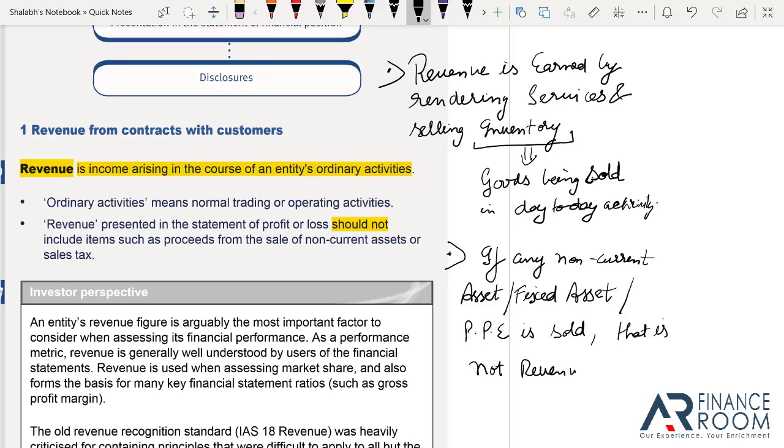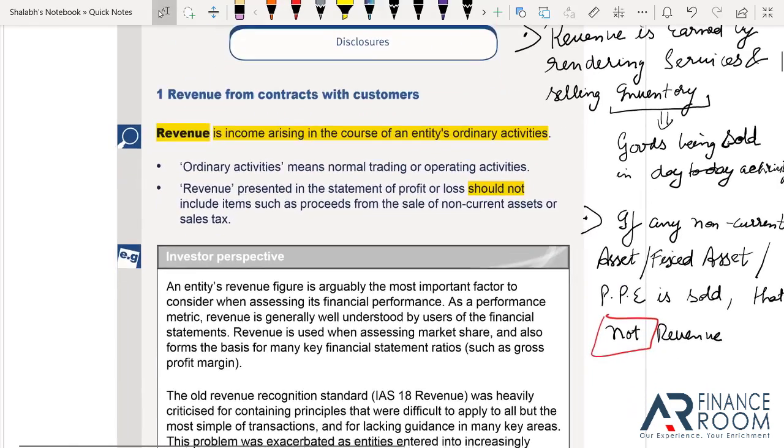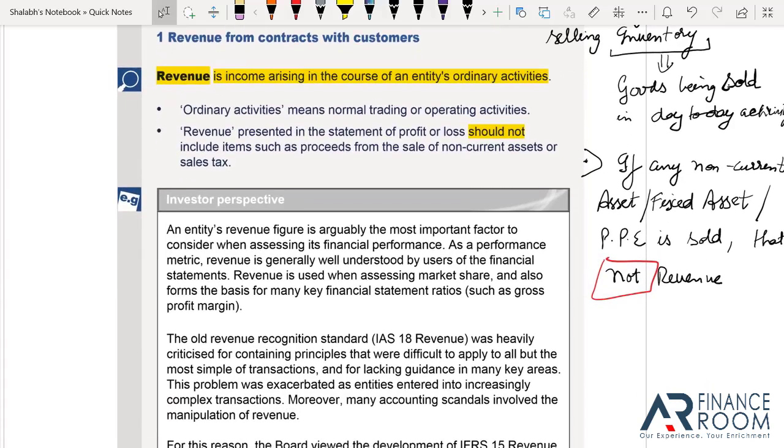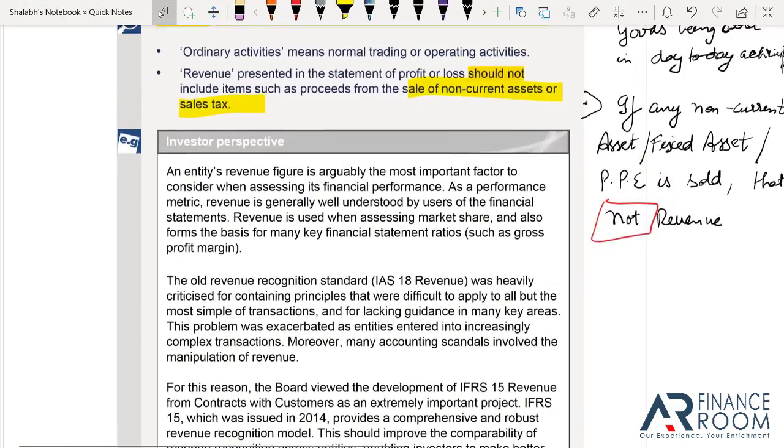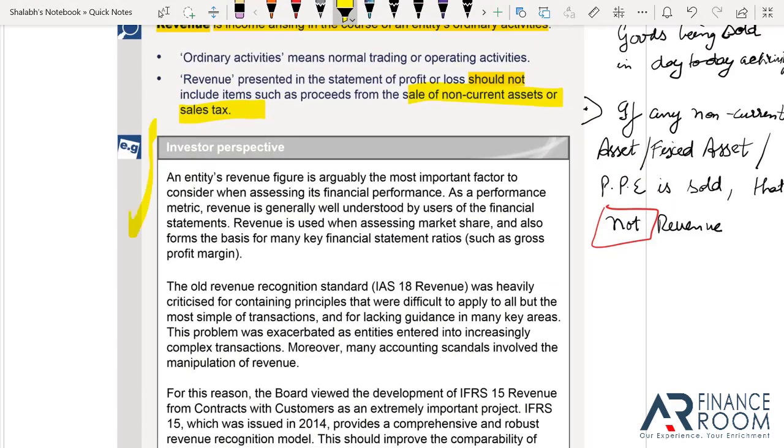Not revenue. Write it down and stick it somewhere in your study text. I haven't read this right now, but the same thing is written here, so you can highlight it as well. Now you can go through this if you want in your study text.